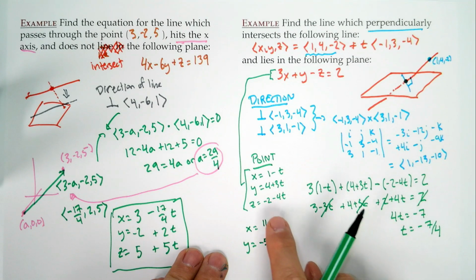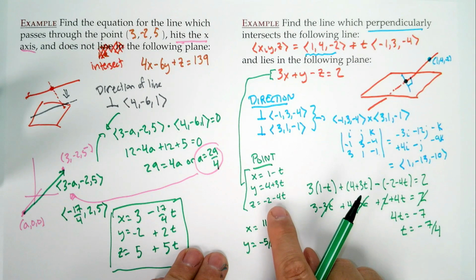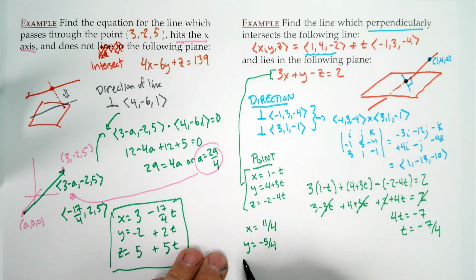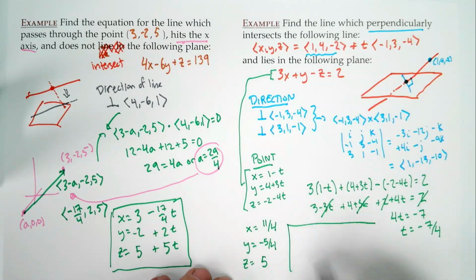And finally, we're going to get negative 2, and then negative 7 fourths times negative 4. Well, that's negative 2 plus 7. And so that tells us that z is going to be 5. Well, that one was actually kind of nice. Of course, very conveniently, the 4's canceled.